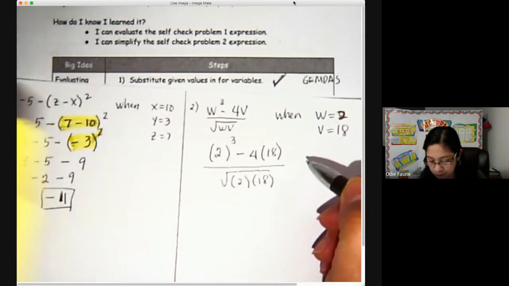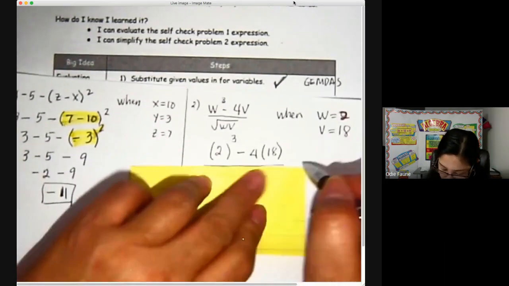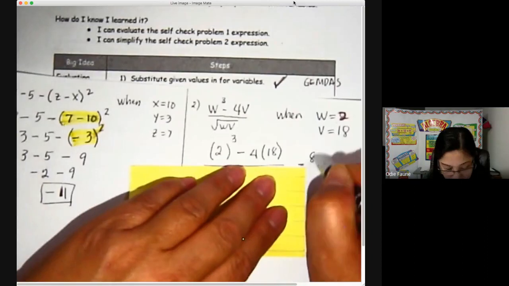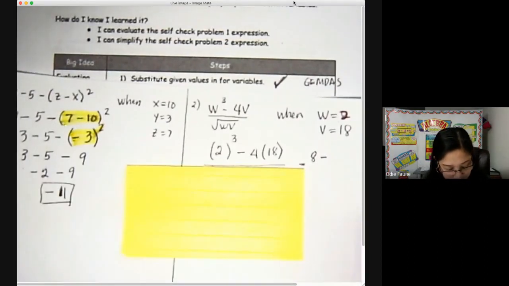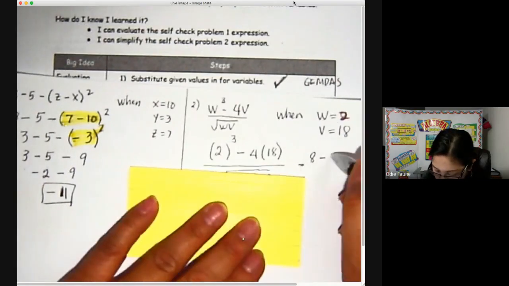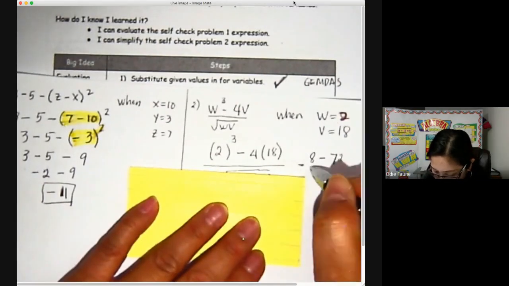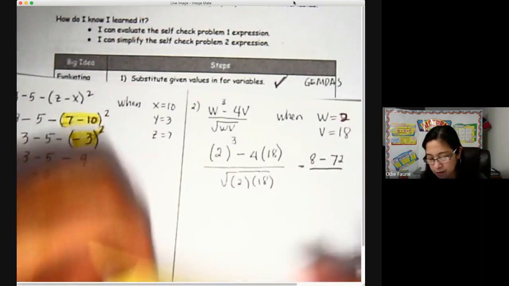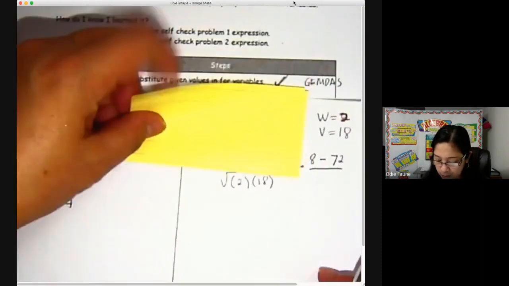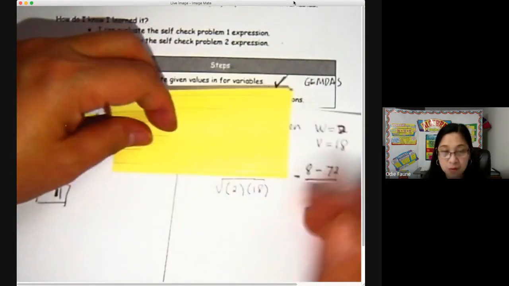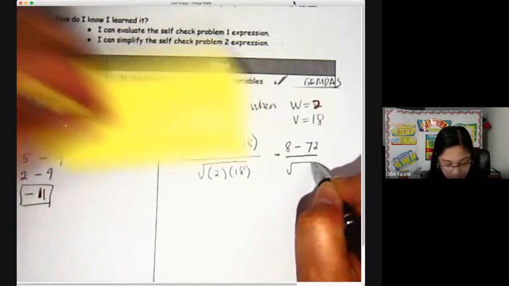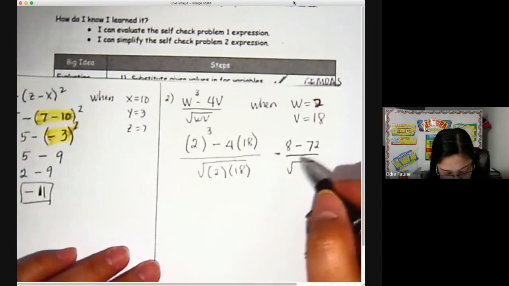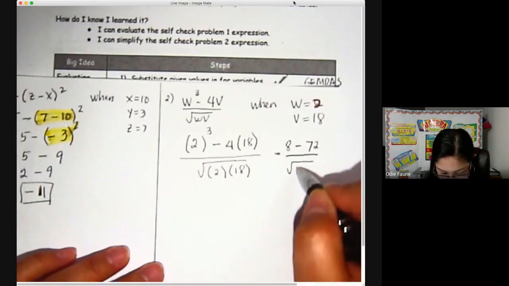Let me cover this. So this is 8 minus. We multiply 4 and 18, we get 72. And then this is also one group. Just multiply 2 and 18. So we will get, what is this? 36.